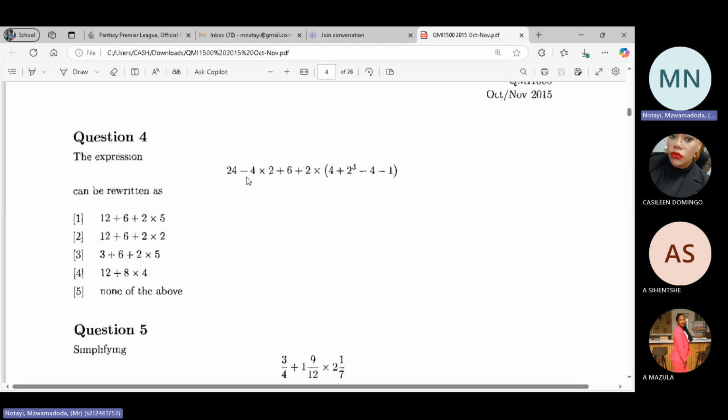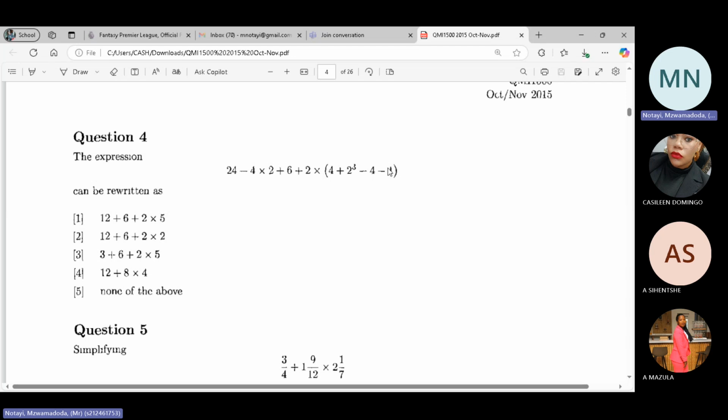If you see exponentiation, you deal with it first, and then you deal with multiplication and division if they are in the expression, and then comes addition and subtraction at the lowest level of the priorities.